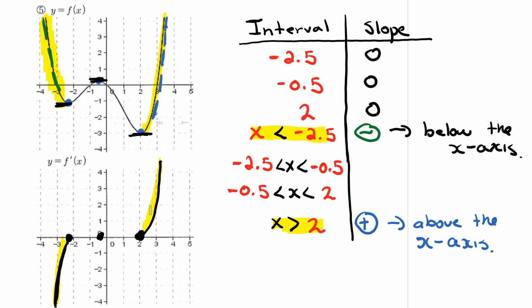Okay, and then let's take a look at some of these regions right here. Let's take a look at this region right here, this green region, and that's from -0.5 all the way to 2. So what's happening in that region right there? Well, when you have this horizontal tangent line right there, that means you have a slope of 0, right?